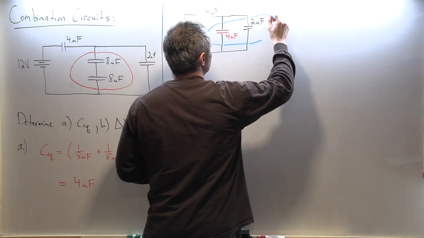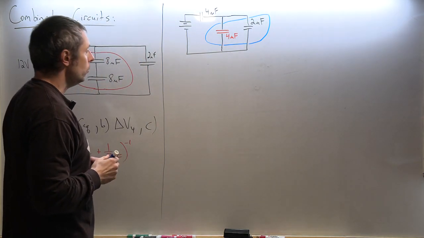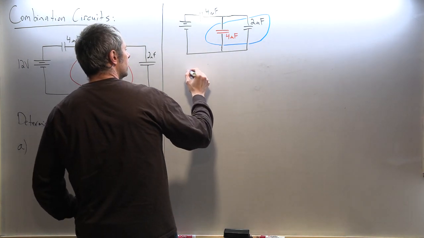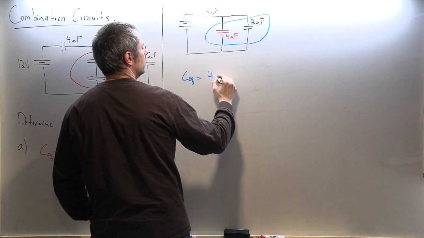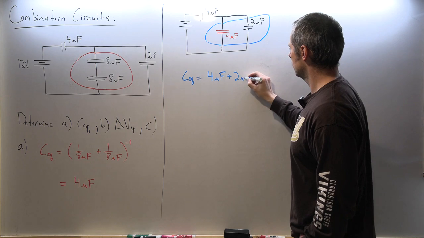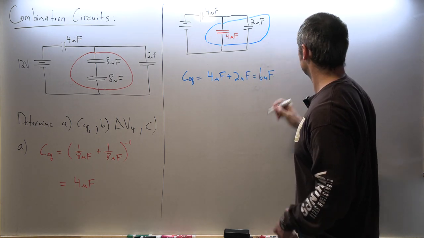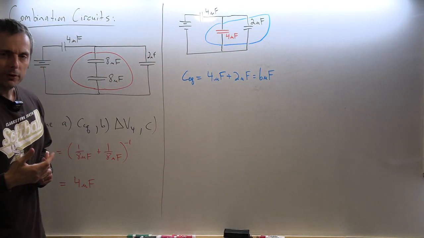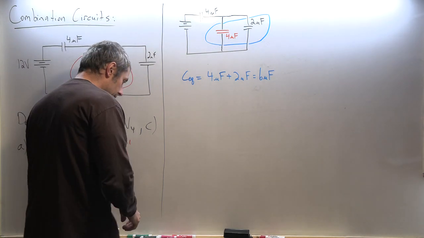Okay, so let's try and be a little tighter here. Definitely in parallel. And the rule for adding parallel capacitors is you simply add them. For 6 microfarads. Okay, so these two, again, to the battery feel like one 6 microfarad capacitor.